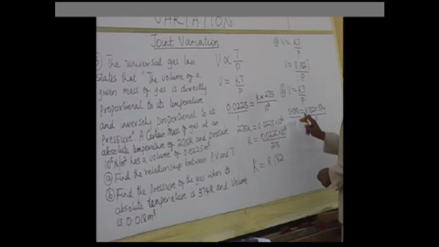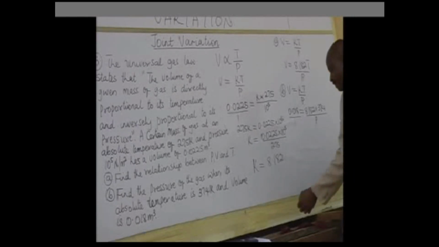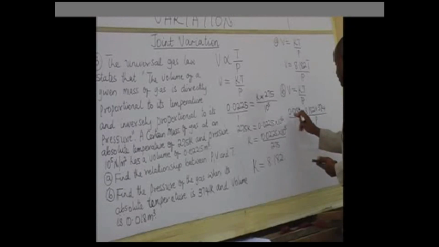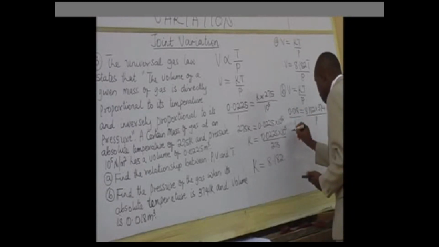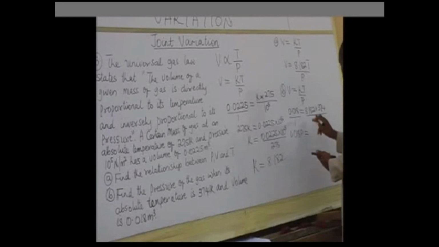If you make this a fraction, you can cross multiply now. P times 0.018 will give you 0.018 P, and it's going to be equal to 8.182 times 374 times 1.